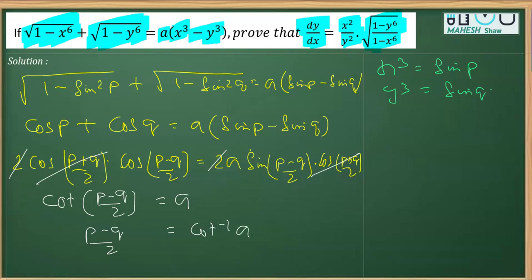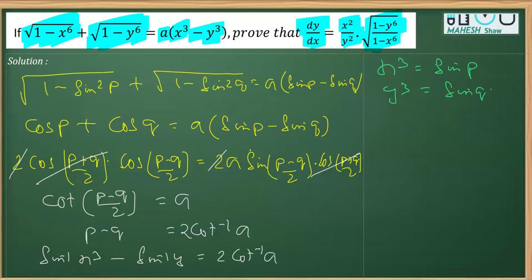Later, I transpose this 2 to the other side. Now, resubstituting the value of p, which is sin inverse x³, minus q, which is sin inverse y³, is equal to 2 times cot inverse a.